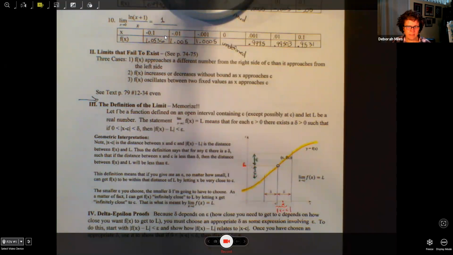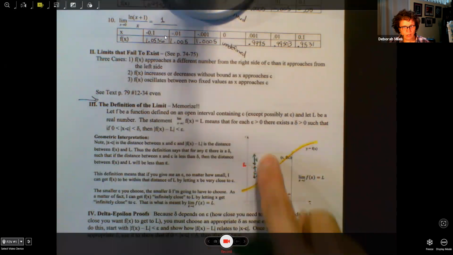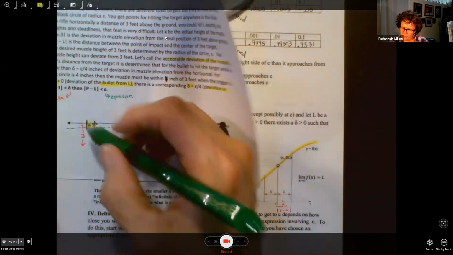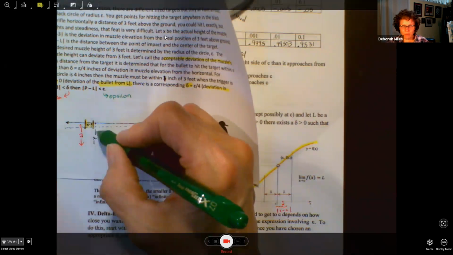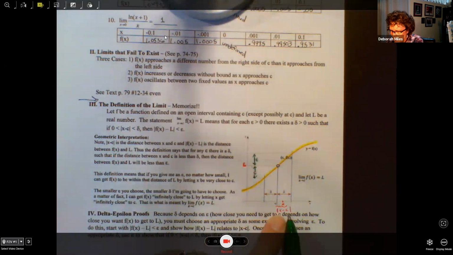All right, you're going to have to read this several times tonight and keep flipping it back over, or put these two side by side and go, oh, the L is the bullseye, the epsilon is how close I have to get to the bullseye, the x is, let's say the c in this case would be 3, and the absolute value of x minus 3 is an amount of offness, the distance between x and ideal. So this is the distance between x and the ideal value of c.